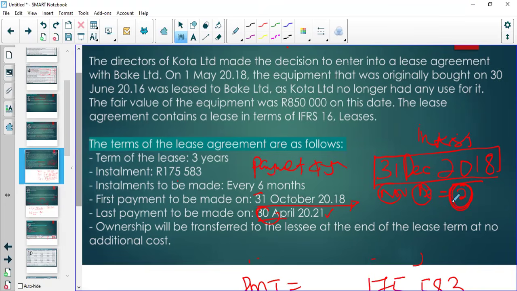So whenever we have a balance on 31 October after paying, we need also to remember that there's an additional 2 months for which we haven't received payment. And that 2 months interest should be added to the balance. Right. So I want you to follow very carefully as we go through this.